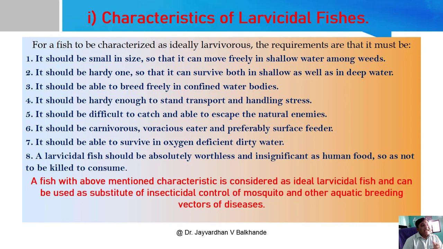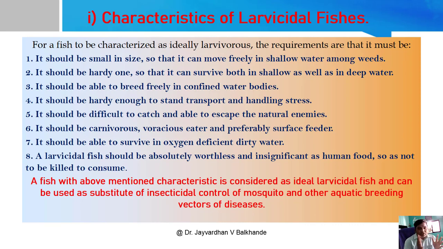And lastly, these larvicidal fish should be absolutely worthless and insignificant as human food, so as not to be killed for consumption. It means no humankind depends on this fish, because these fishes are very small in size and should not be used by human beings for eating.